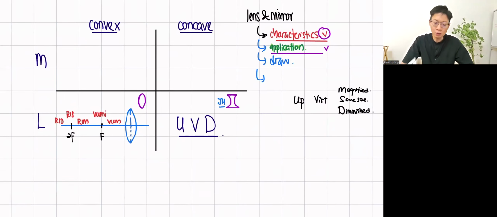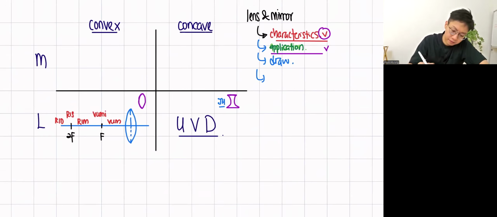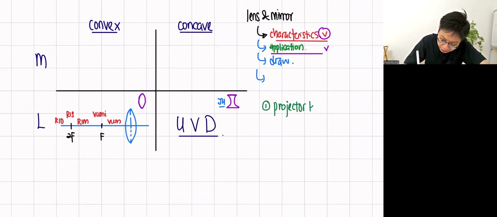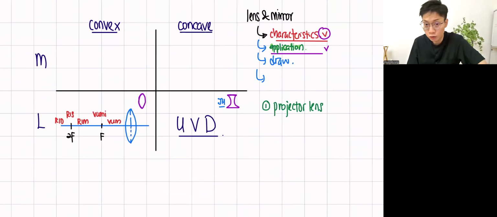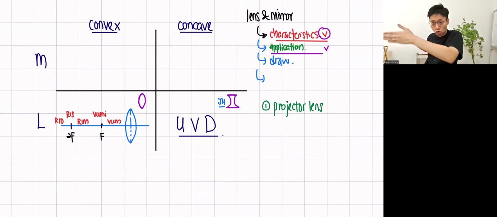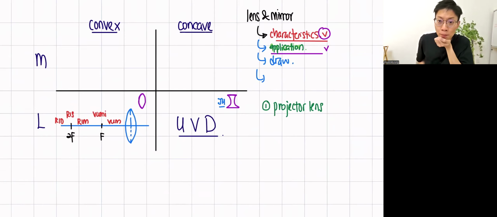Now, first one. Number one, for a projector lens, you guys know what a projector is, right? Your school has a projector. So the projector lens has to be a convex lens or a concave lens.